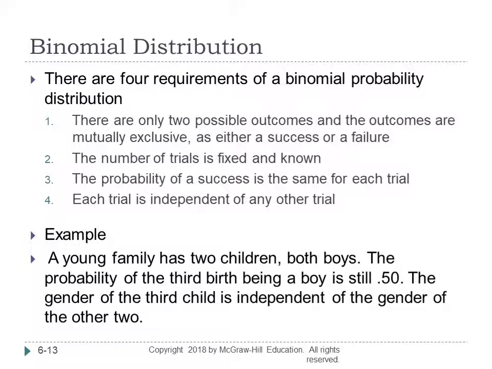Here is another example. A young family has 2 children, both boys. The probability of the third birth being a boy is still 0.50. The gender of the third child is independent of the gender of the other 2.